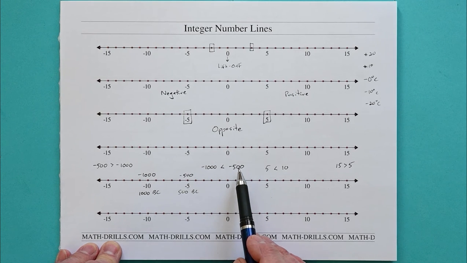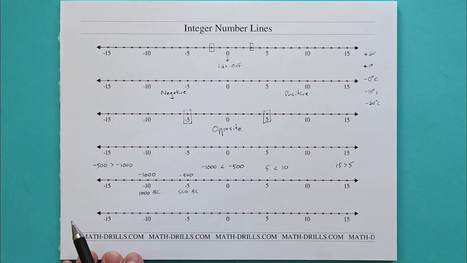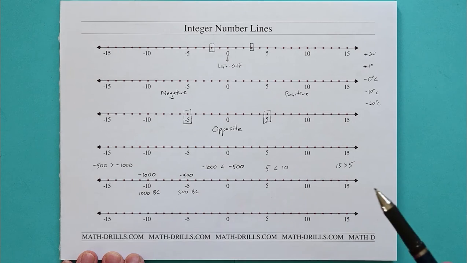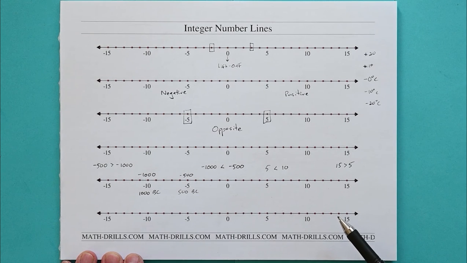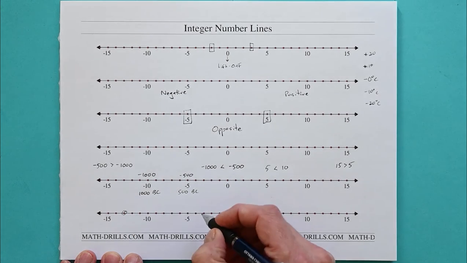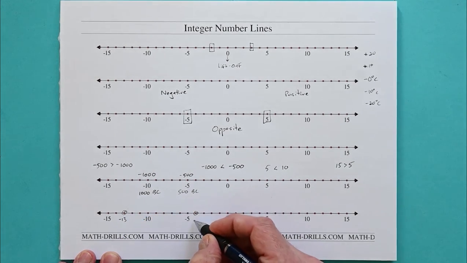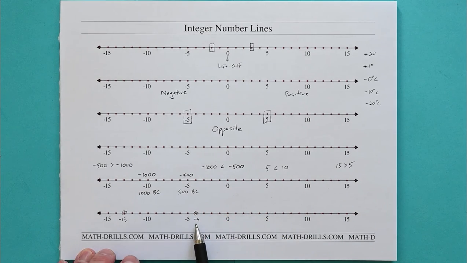is less than 500. Another way to think of it is, if it's to the left on the number line, it's less than. And if it's to the right on the number line, it's greater than. So that will always save you. So if we're considering this one and this one, that's negative 13, this is negative 4. Because the 13 is to the left, we can say that negative 13 is less than negative 4.